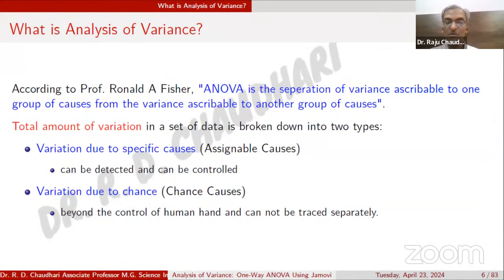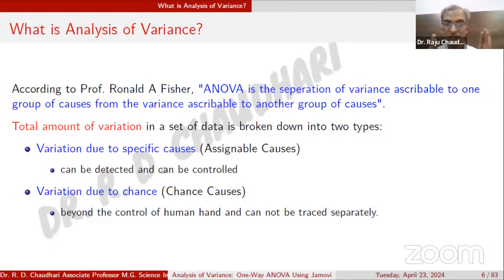Some amount of variation is due to specific causes, known as assignable causes, because the experimenter is applying different treatments. That can be detected or controlled. But some amount of variation is random variation, known as chance variation, right?